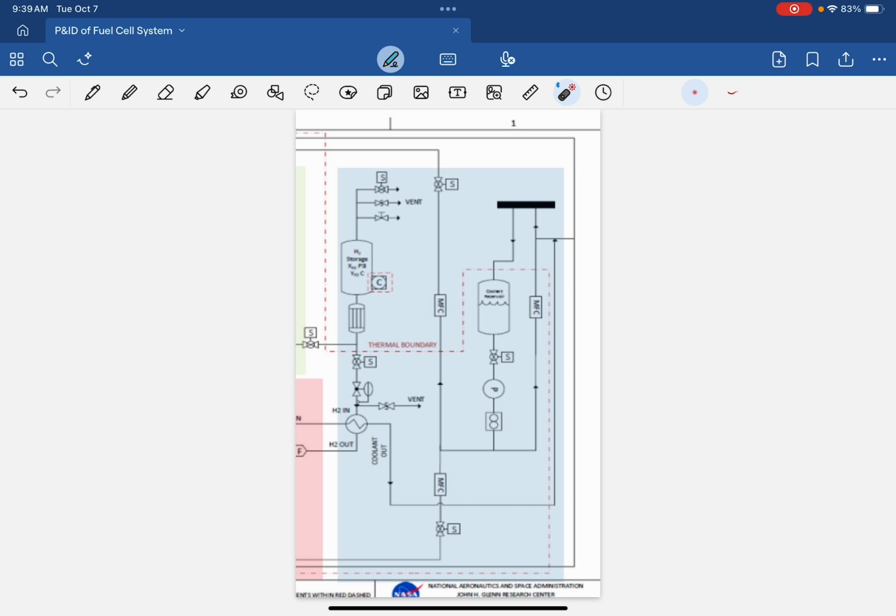The solenoid actuator is automated, so it's going to automatically turn on and off for the hydrogen to pass through.